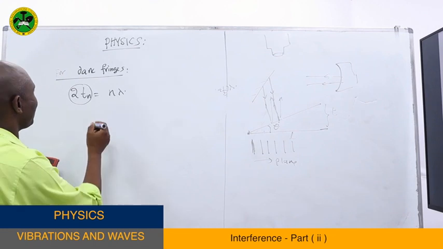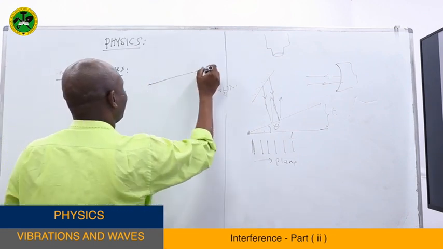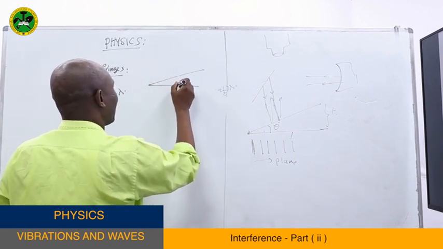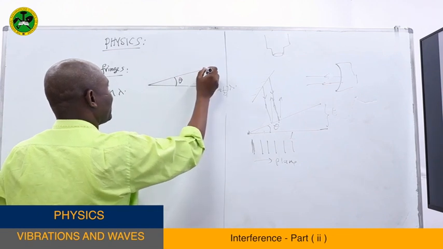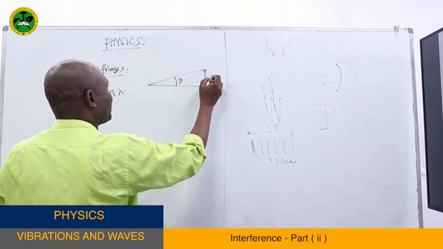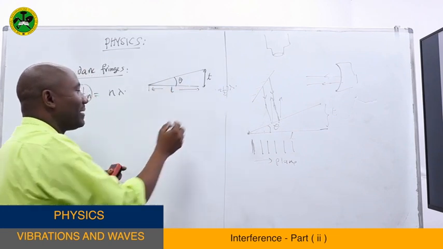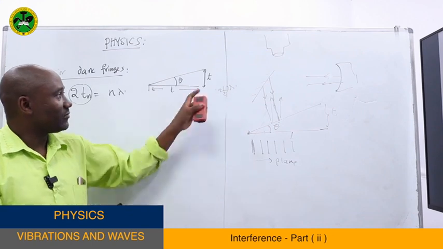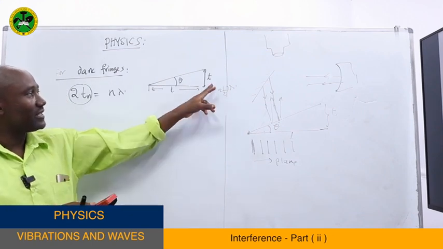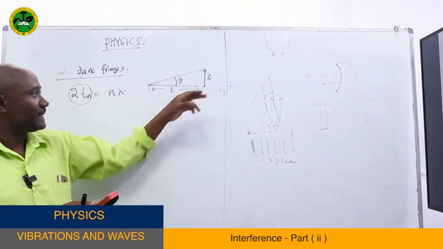From here, we know that this is the angle. This is the length of the material, which we call t. This is the length of the plate. In between, we normally put a material which gives us the thickness of the material, t.